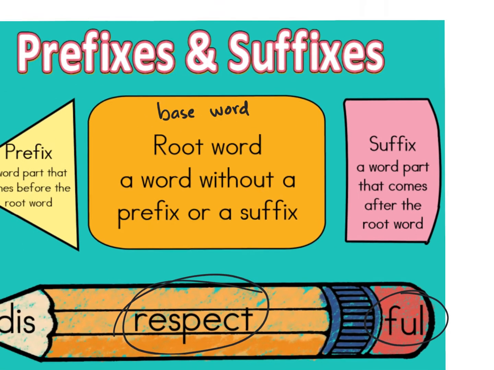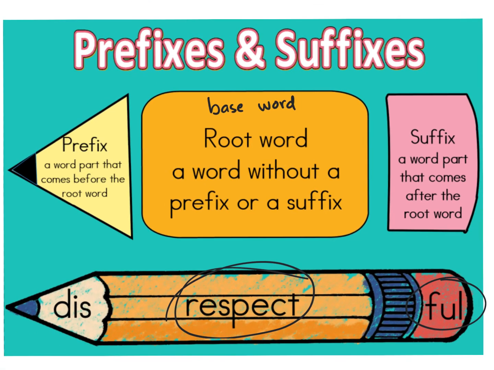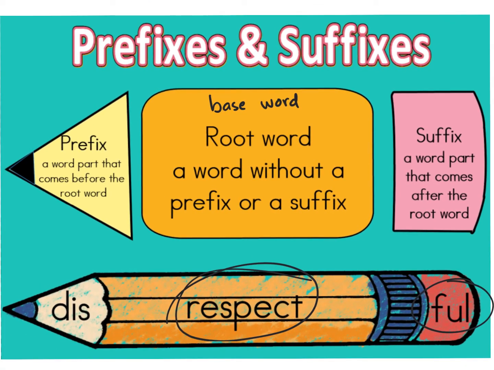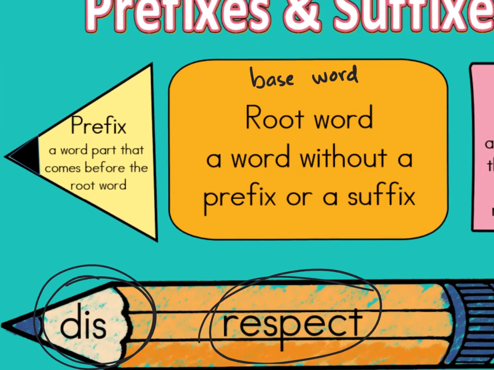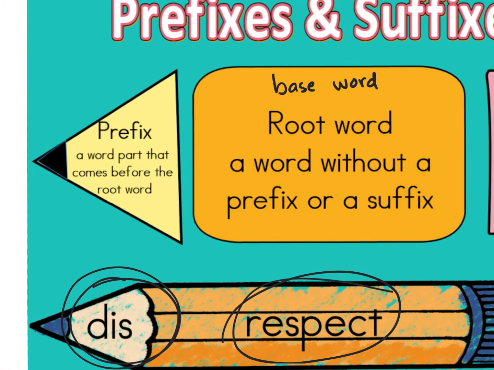Now this week we're going to be focusing on prefixes, which are the couple letters that come before the base word. So in this case down here, we have dis, D-I-S, to make the word, if we take off the suffix, disrespect.